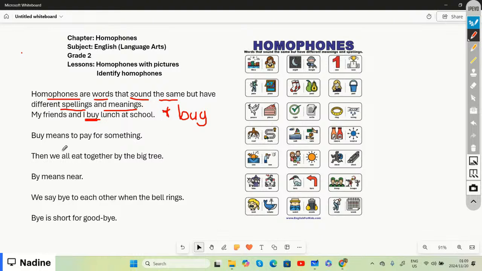Then the next one says, then we will all eat together by the big tree. So the next word is by the big tree. So far, can you look at these two words? The spellings are different, but they sound the same, and that is homophones. It's words that sound the same, whether the spelling is different or the meanings are different.